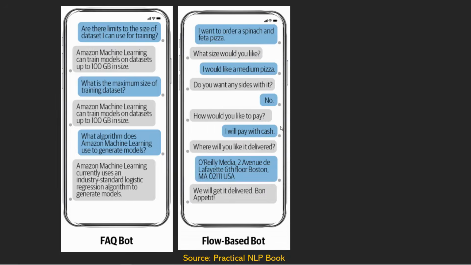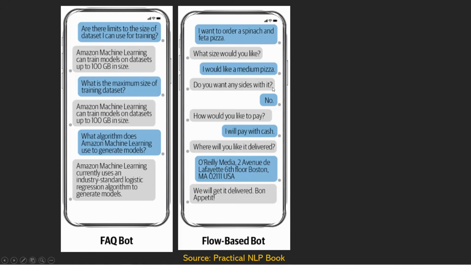Okay. The second one is flow-based bot, where there is a flow. Basically, there is a connection between your previous dialogue and the next dialogue. So here I'm saying I want to order a pizza, and it says, what size would you like? I say medium pizza, and everything in the gray is the chatbot returning the response.